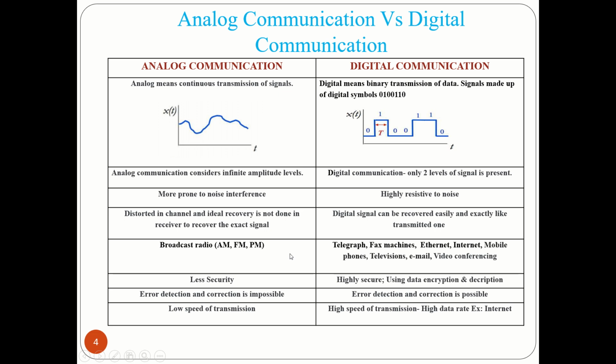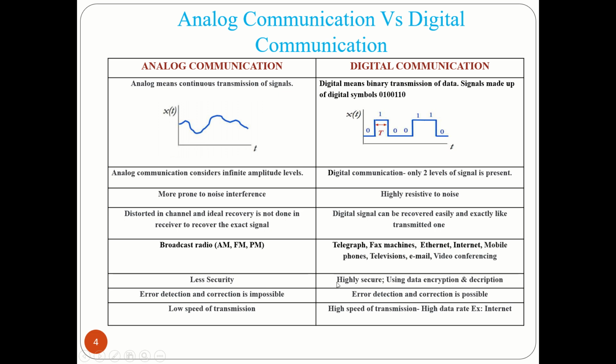The applications of analog communication include radio broadcasting using AM, FM, and PM. Digital communication finds a number of applications like video conferencing, mobile phones, internet, fax machines, telegraphs, and television signal transmission. The security is very low in analog communication.